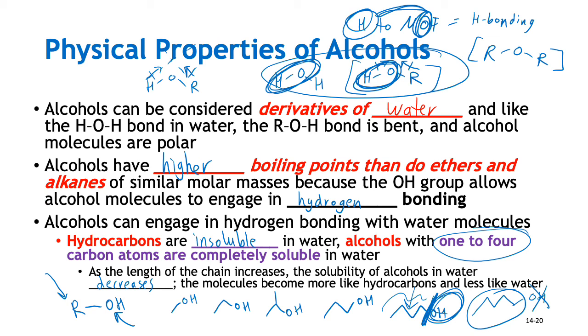Just think of it as like you finally tipped the scale to go to the other side, and now the hydrocarbon part of the alcohol is beating out the water-soluble part of the alcohol, so it will not go into water anymore once you get past 5 or more carbons, okay? So just think of it as like a little battle being waged and trying to find out which one is actually going to win the battle. Is it the alkane part or is it the OH part? The OH part wins until you exceed 4 carbons.